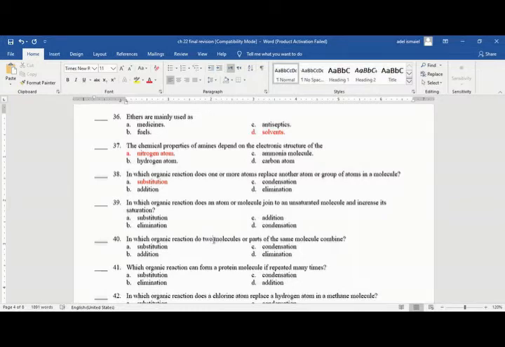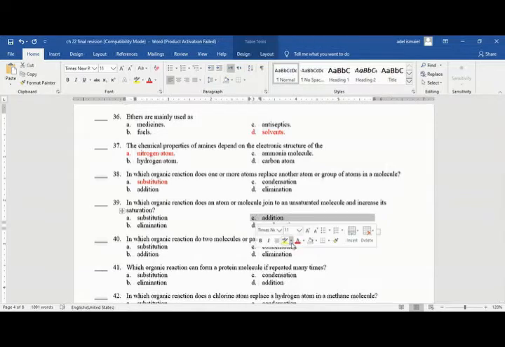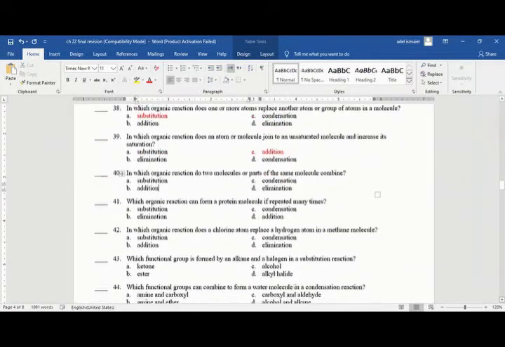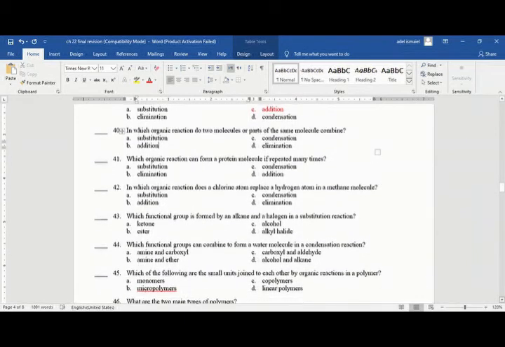Addition reaction. This is the meaning of adding: increase. The opposite of addition is elimination, decreasing, or removing water or ammonia or something like that. This is in chapter 4.